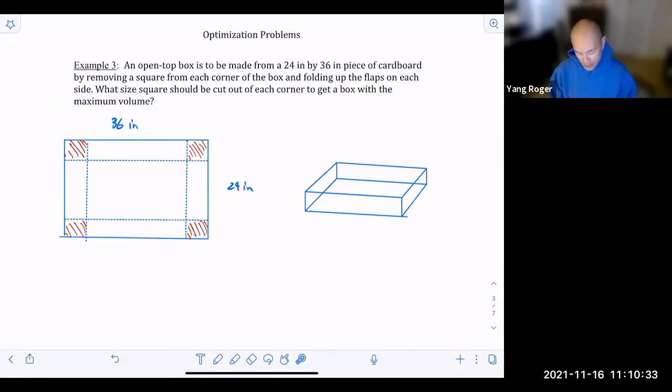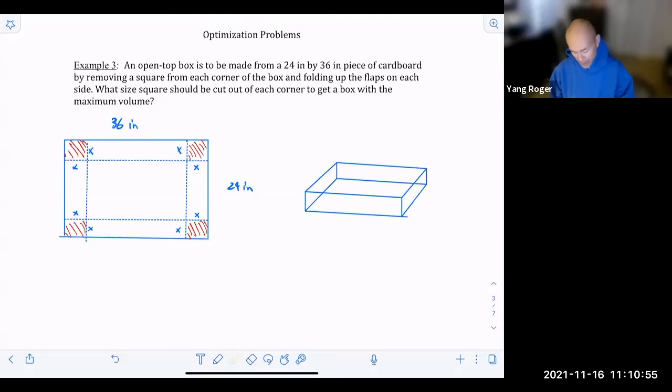So when they ask us what size square, we should probably label the length of the square. So I'm going to label this side X and this side X, and so on for each side of the squares. Does that make sense for everybody?